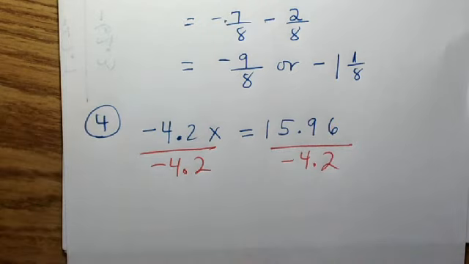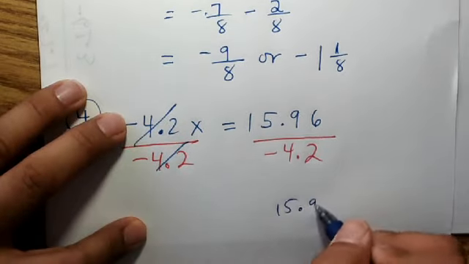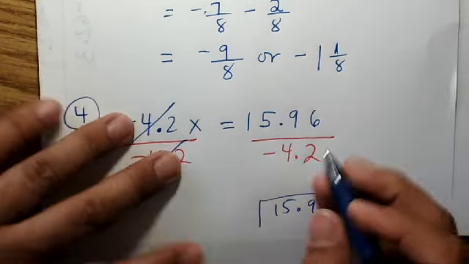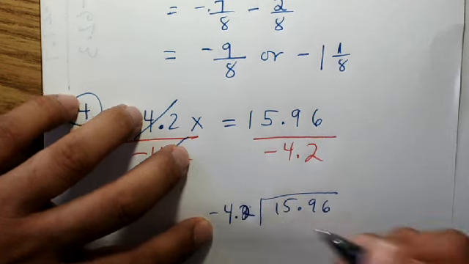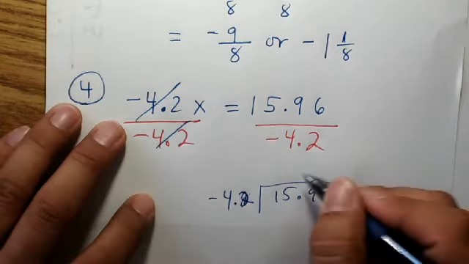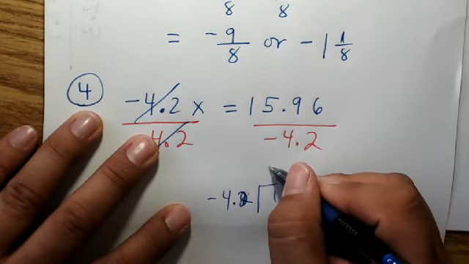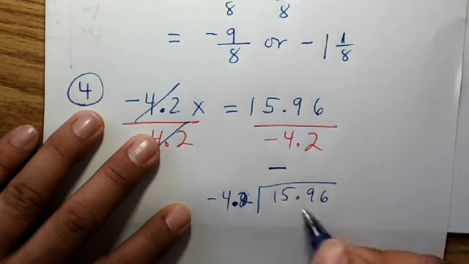Okay. Now you ask yourself, 15.96 divided by negative 4.2. Well, the answer would be, first of all, negative. Now, when you're dividing decimals, remember, what's the rule?